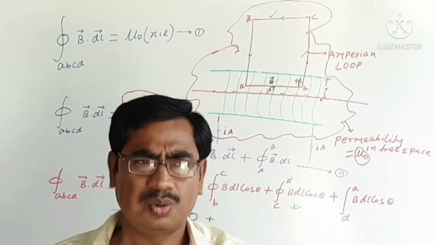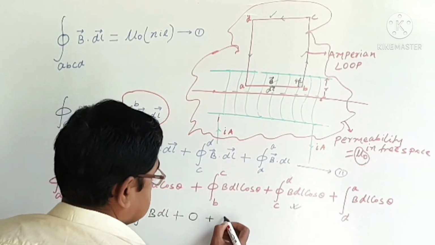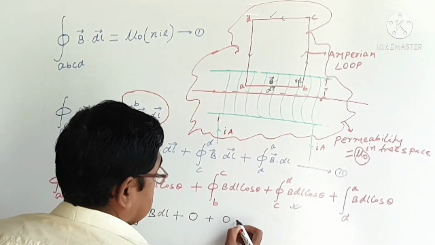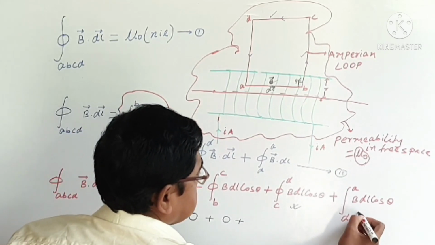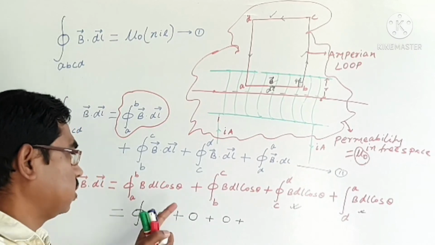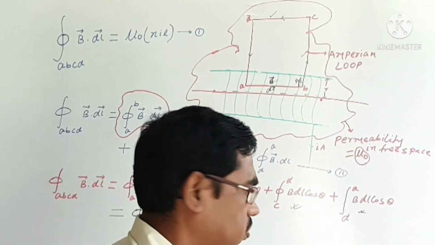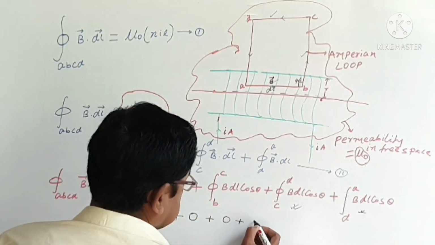So we consider it approximately 0. For D to A, the same condition exists: this is 90 degrees and cos 90 is equal to 0, so this must be 0.